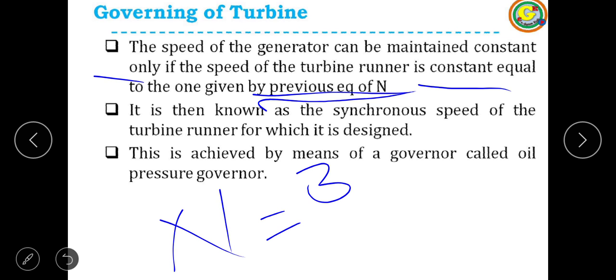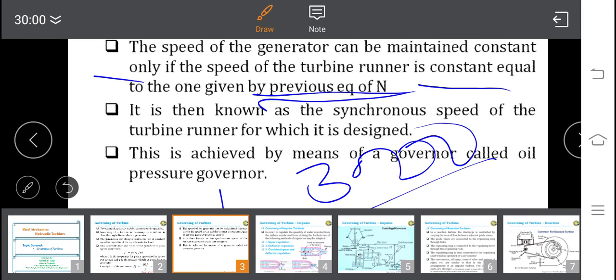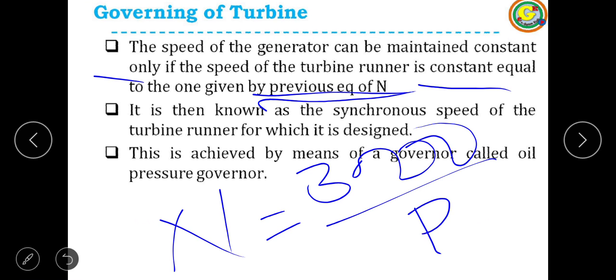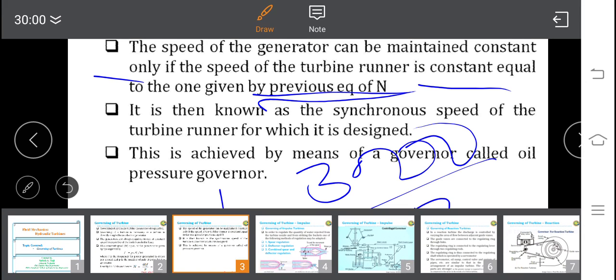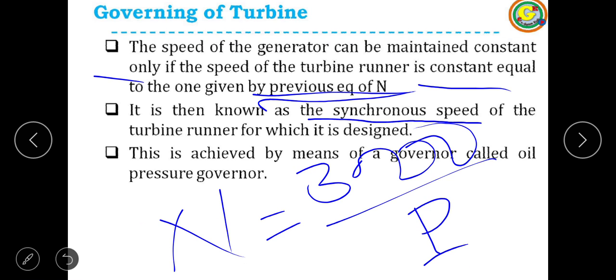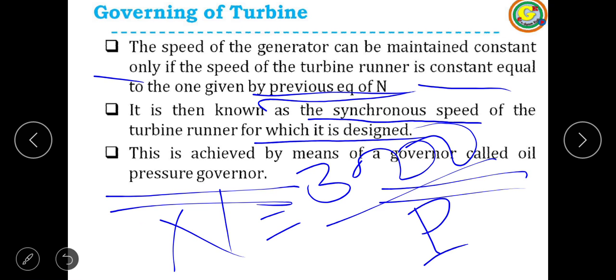N is equal to 3000 divided by P. Don't forget, P is the number of poles. 3000 is a constant value, 60 into f, where f is 50 hertz. Therefore, N is equal to 3000 by P. It is then known as the synchronous speed of the turbine runner for which it is designed. This is achieved by means of a governor called an oil pressure governor.